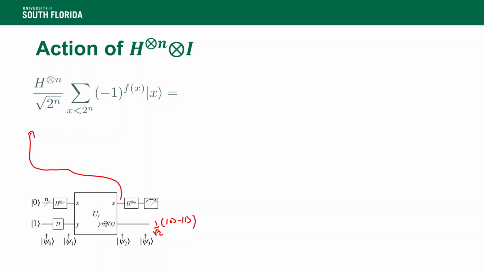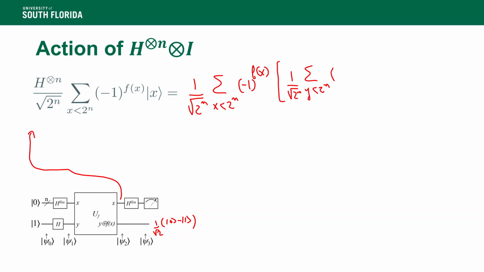If we expand this product with the known action of Hadamard tensored n times on any n-qubit basis state, we have 1 over square root 2 to the n, sum over x strictly less than 2 to the n of minus 1 to the f of x times Hadamard applied to x, which is going to be 1 over square root 2 to the n, sum over y strictly less than 2 to the n of minus 1 to the x dot y times the basis state y.